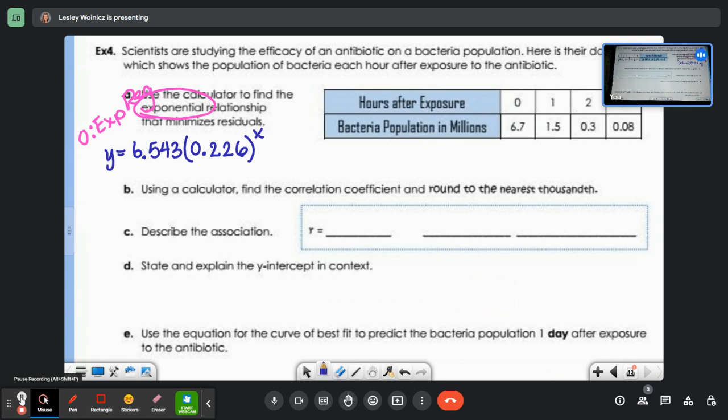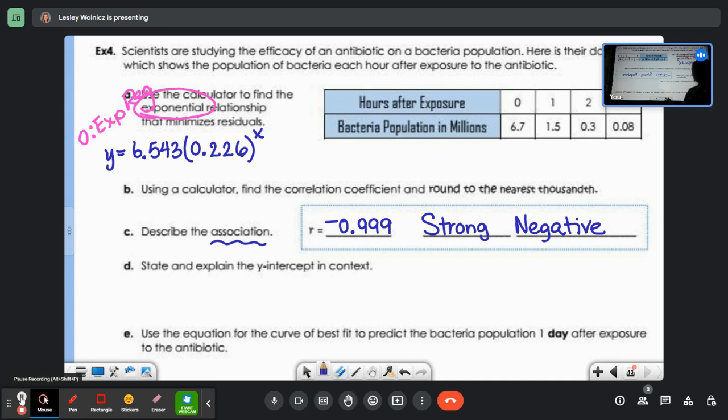Then we found the R value. The R value was negative 0.999. This is extremely strong negative. Okay, that was the association.